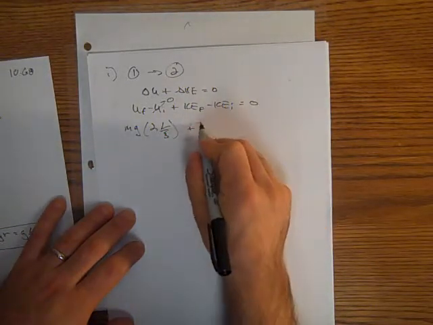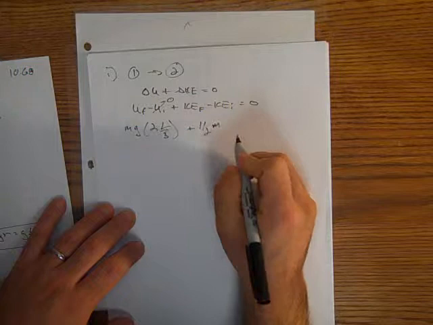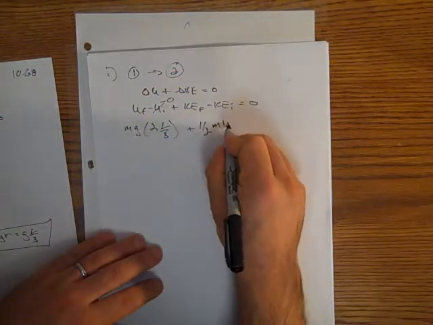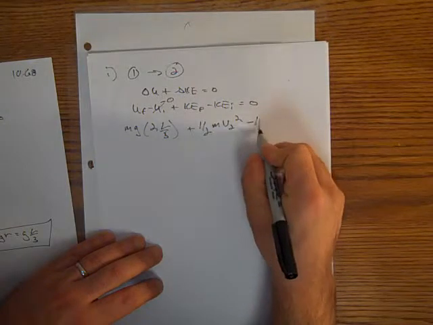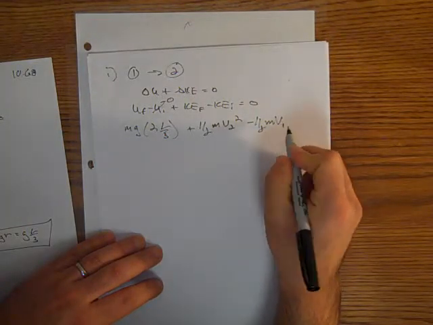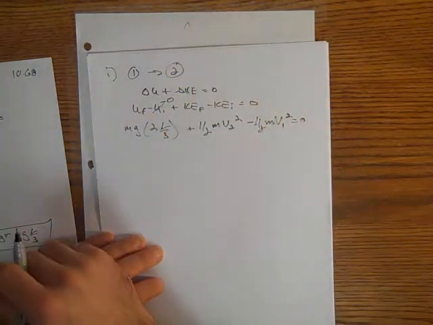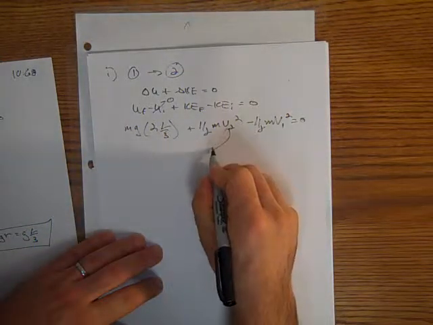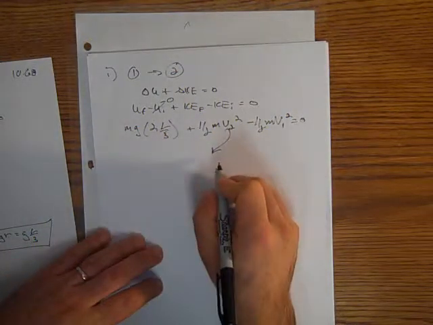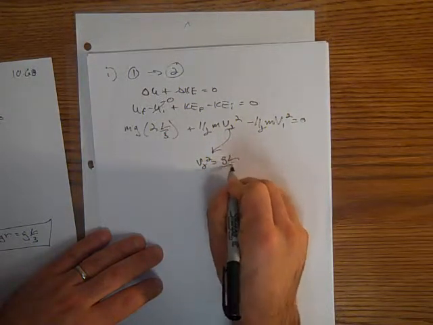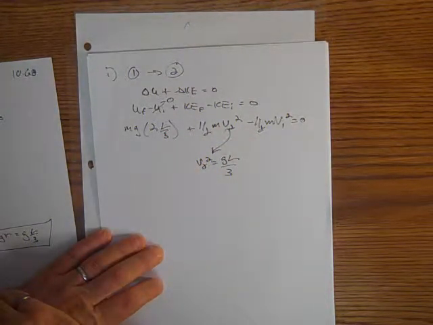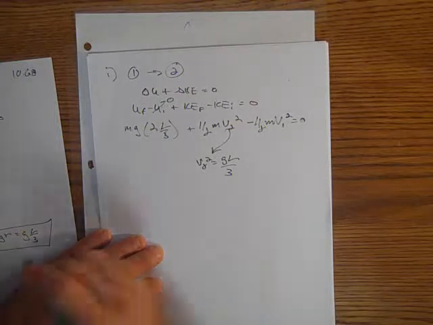Plus kinetic energy final, that's 1/2 m the speed at point 2 squared, minus 1/2 m v at point 1 squared, and that equals 0. But we know that v2 squared is gL over 3. So I can combine a couple of terms here.